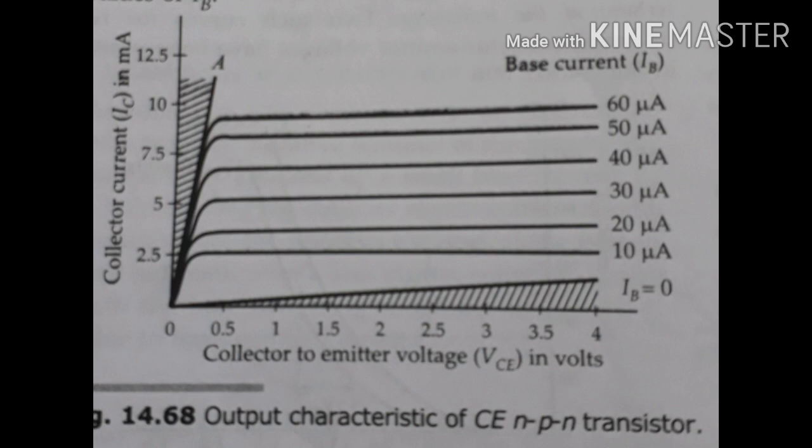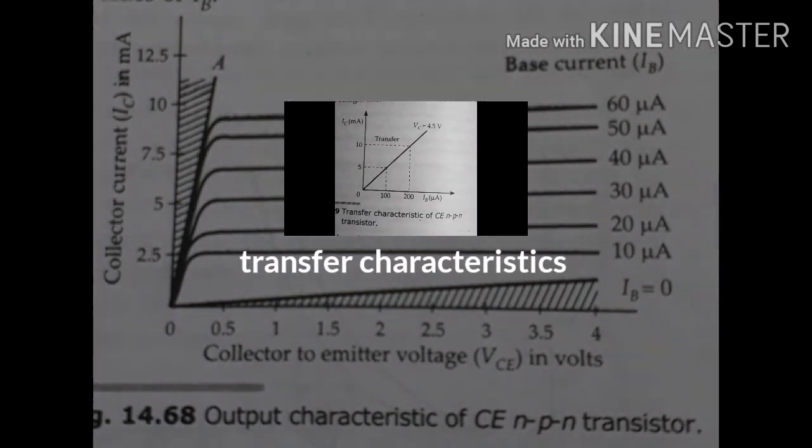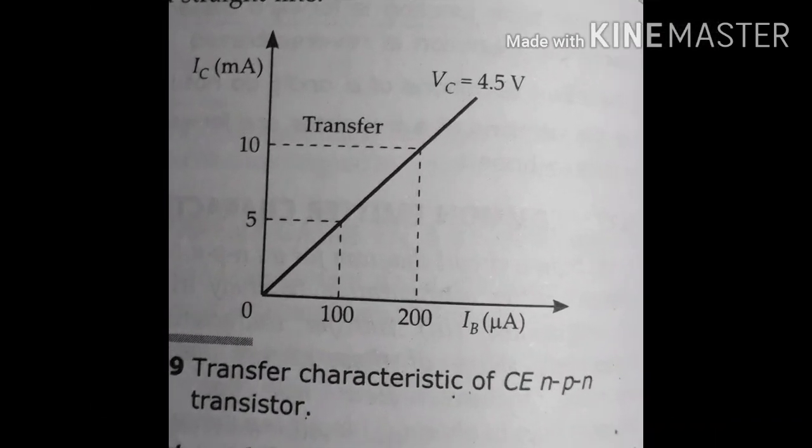If we increase VCE more, to nearly 40 volts, the collector diode breaks down. The current increases almost vertically as it happens in a diode. This value of VCE is called the collector emitter breakdown voltage, but a transistor should not be operated in this voltage.